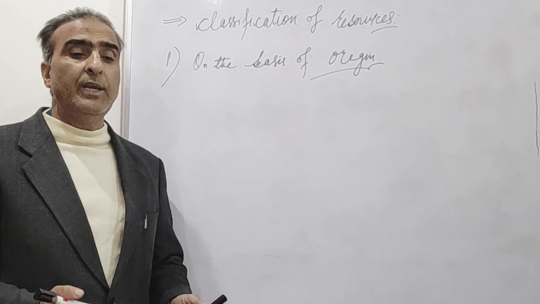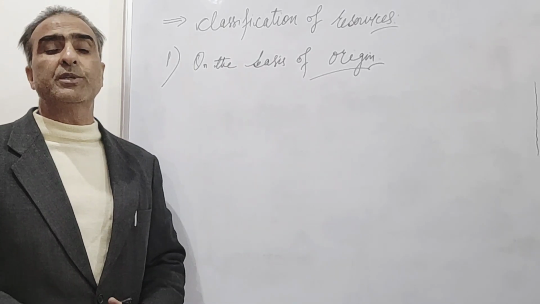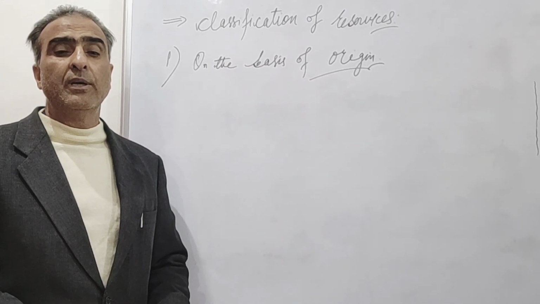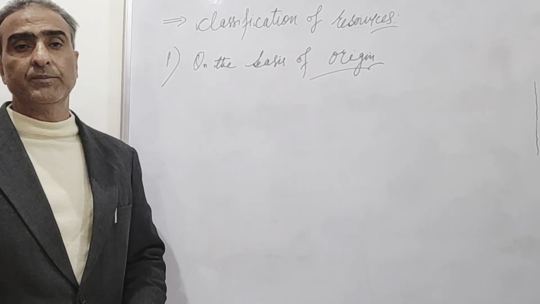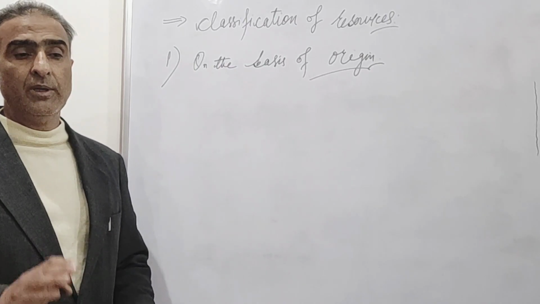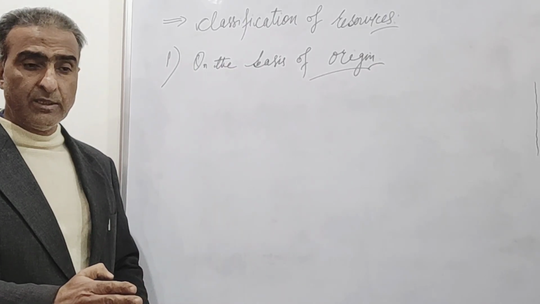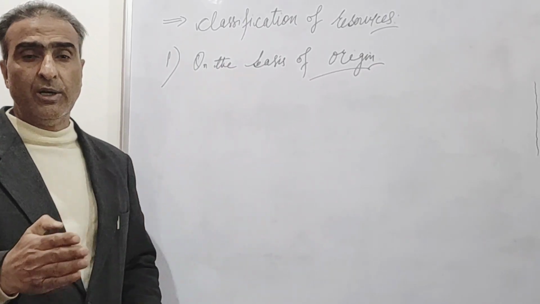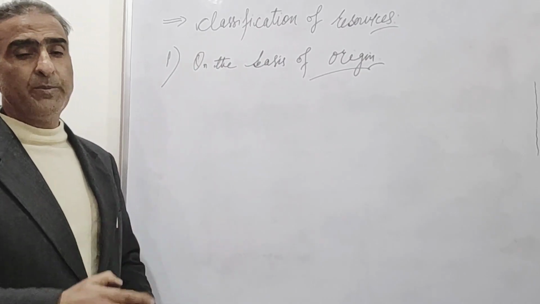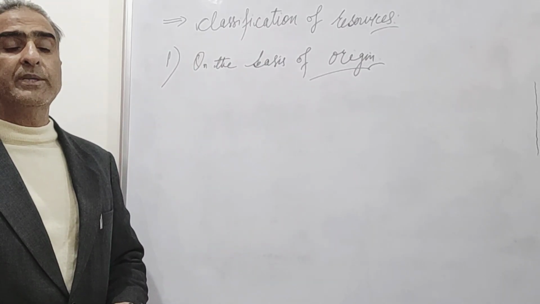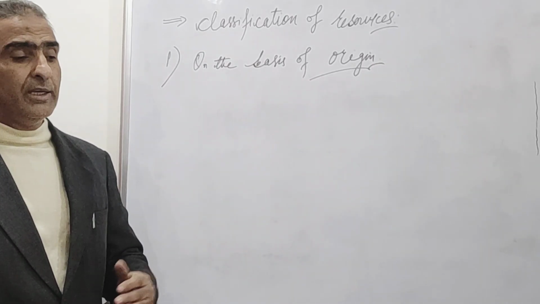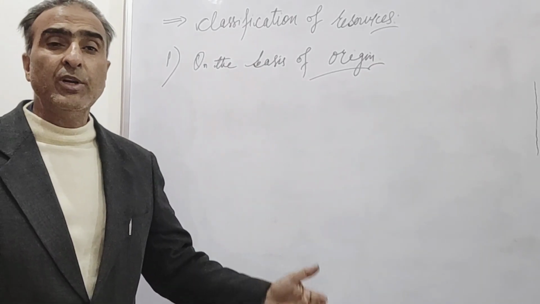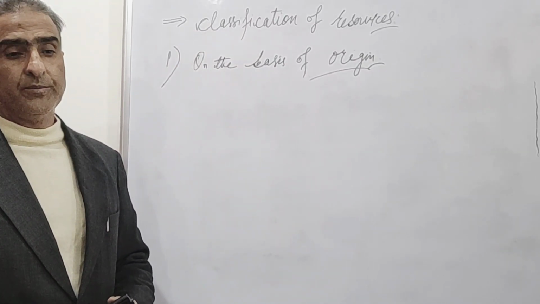So actually we have these two kinds of resources present in nature. Originally we call them natural resources, living and non-living. So the first classification is on the basis of origin, that is mostly the natural resources.